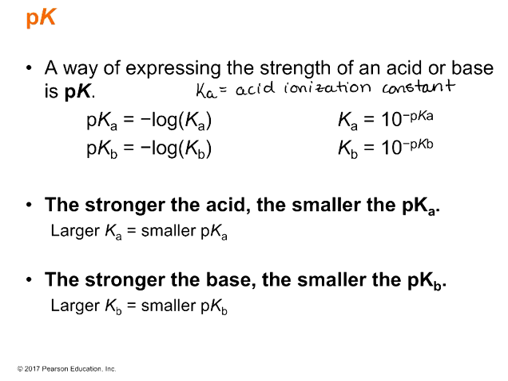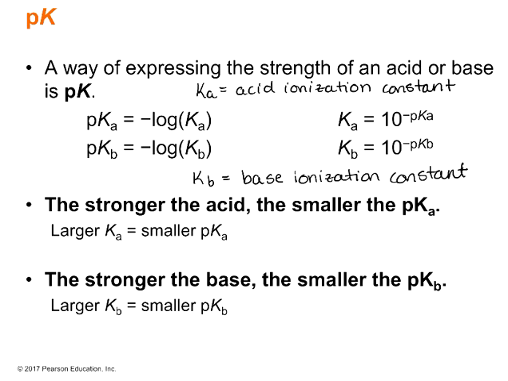Now, Kb is the same, but it's for bases. So it would be the base ionization constant. And Kb would just be equal to the products in a base reaction over the initial concentration of the base.